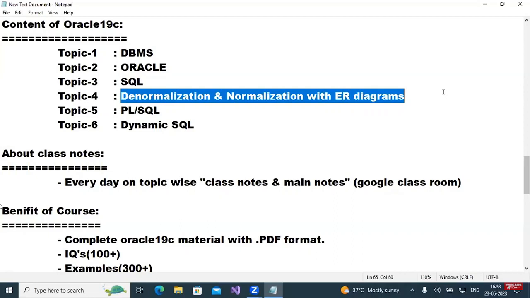And ER diagrams, how do we need to prepare them for a particular client requirement? I will take one requirement, and after that, how to make the ER conversion, and how to do the ER conversion practically. So all of these we discuss along with your normalization techniques: first normal form, second normal form, third normal form, BCNF, fourth normal form, and fifth normal form. All that will come to you.